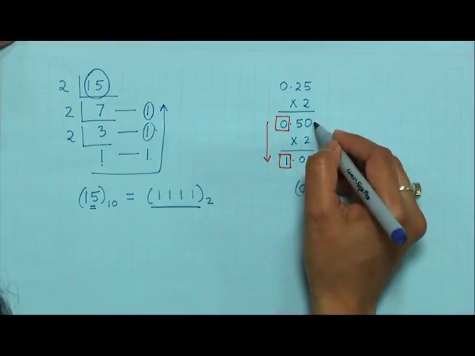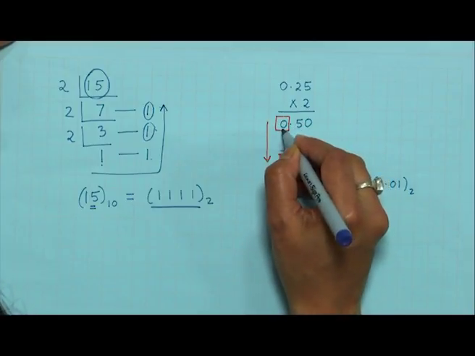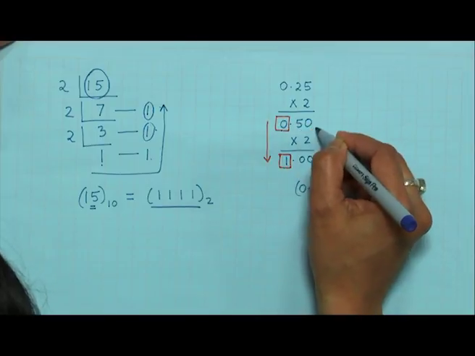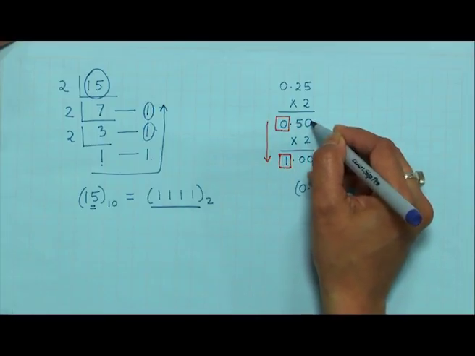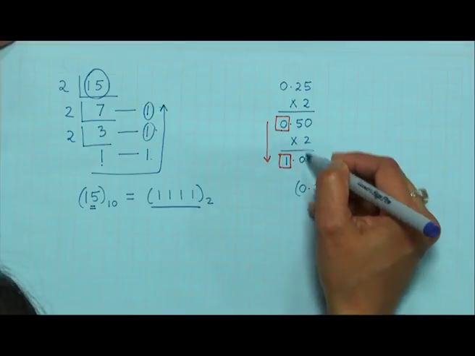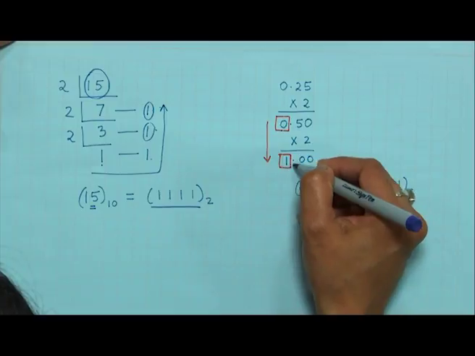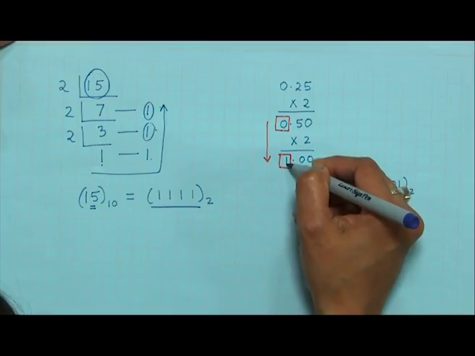Next, again we take the fractional part, we do not do anything with the integer part. We take this fractional part and again multiply it by 2 and we get 1.00, where we get the integer part as 1.